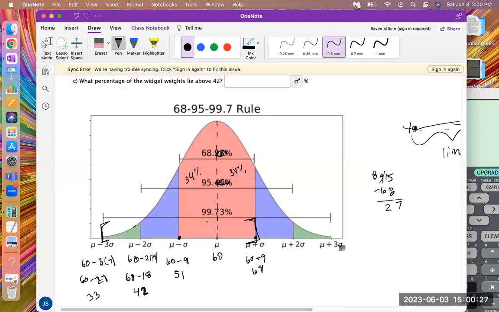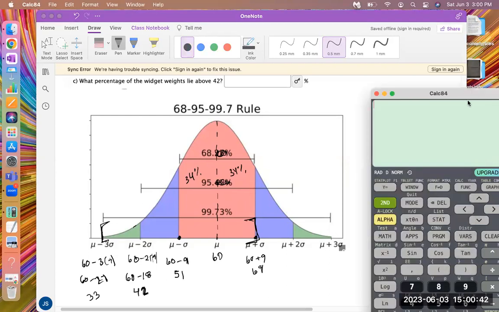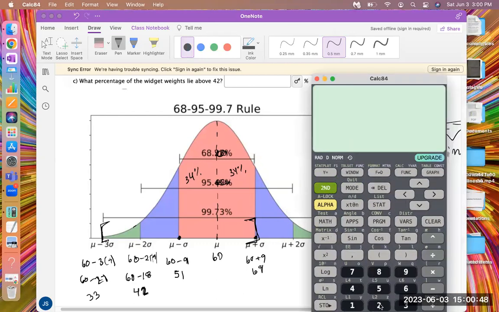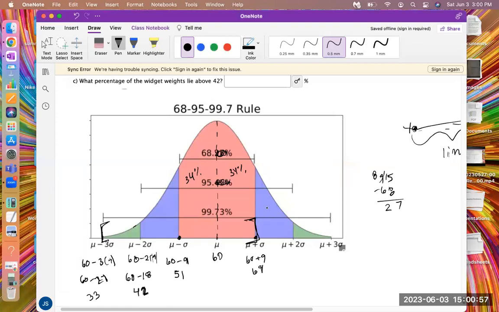So there's 27% in the blue regions, but there's the same amount of blue region on the right as on the left. So I take 27, divide by 2, which would be 13.5. So there's 13.5% of the data in this blue region, and 13.5 in this blue region.